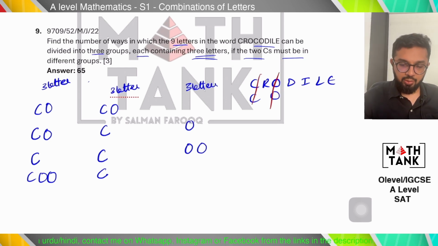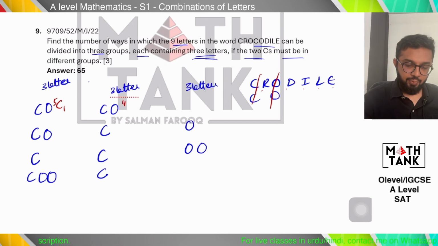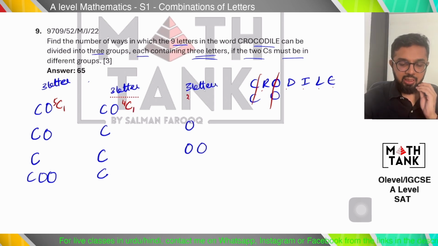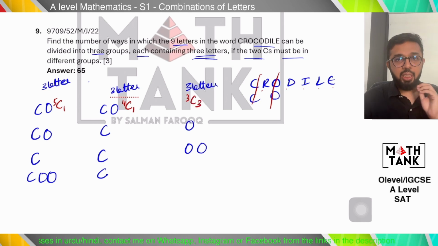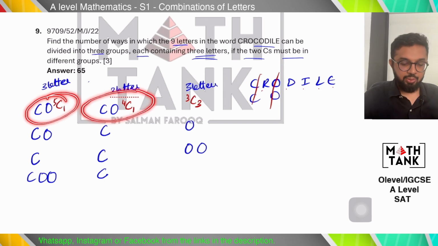The C's and O's are gone. 1 2 3 4 5. When I write 5C1 here, I'm selecting one more additional letter. Okay, then I'm going to write 4C1 here. Why? Because I need another one, but one letter is gone, and the remaining 3C3 go here. But what you should understand is that there is a lot of double counting here.